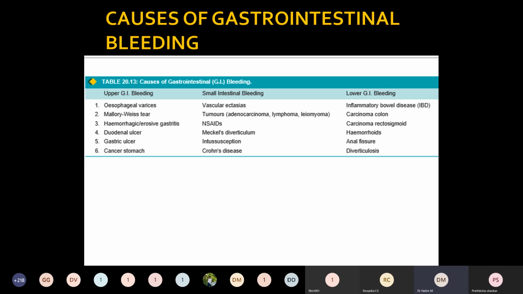Small intestinal bleeding could be due to tumors, drug-induced causes which are very common here, Meckel's diverticulum, intussusception, and Crohn's. And lower GI bleeding could be from carcinoma colon, rectosigmoid lesions, hemorrhoids, anal fissure, and inflammatory bowel disease. So with this, I conclude the GIT topic.